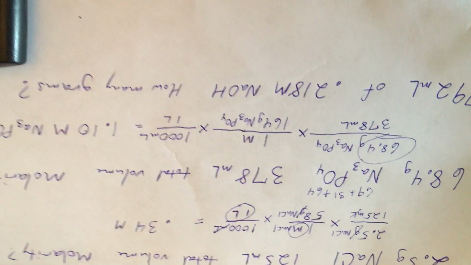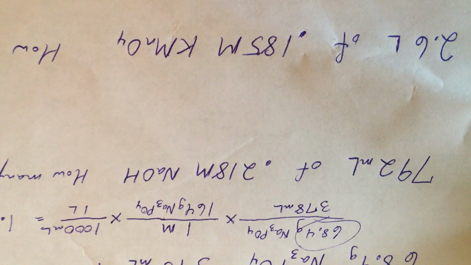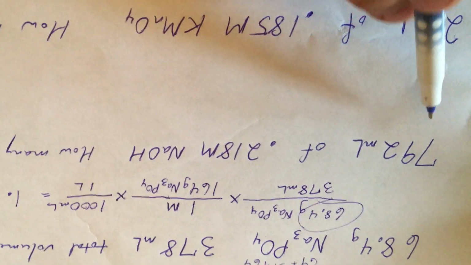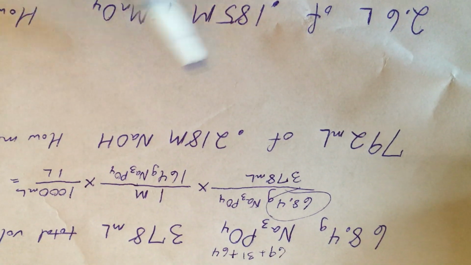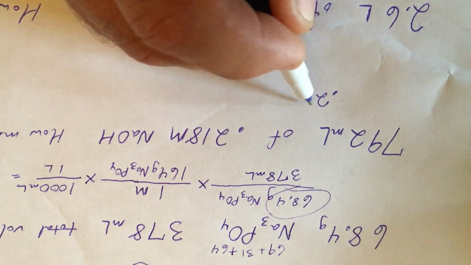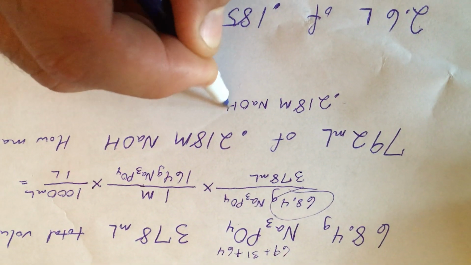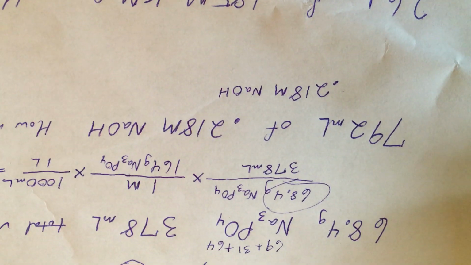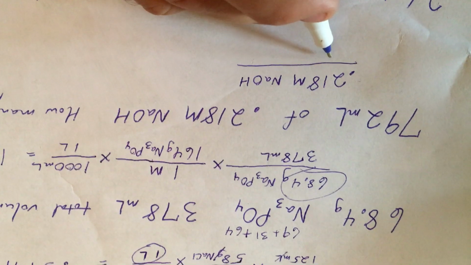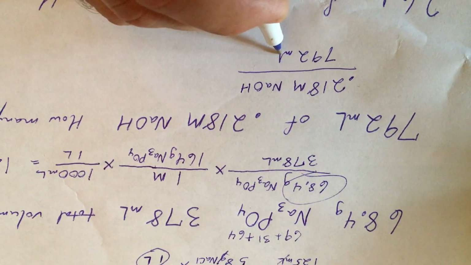All right. On this next one here, we actually are given the molarity, and this is my total volume, and they want to know, well, how do I make this? How many grams would I have to put in there? Okay, so let's say we got 0.218 moles of sodium hydroxide, and that's going to be in a total volume of 792 milliliters.